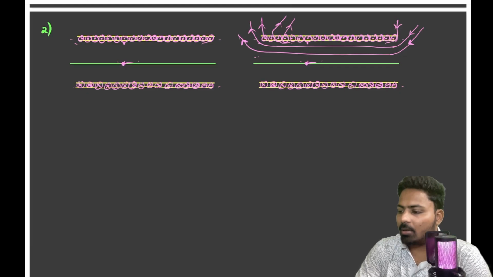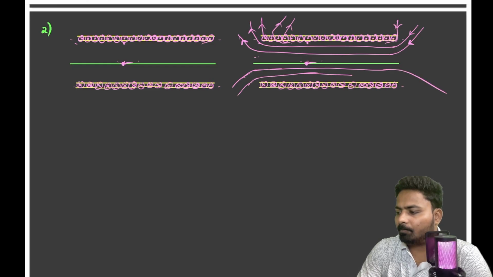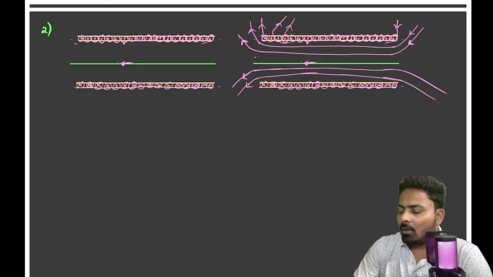They leave from here and enter from here. The same thing, the mirror image, goes here as well, like this, like this. And on the axis obviously it will be along the horizontal like this.